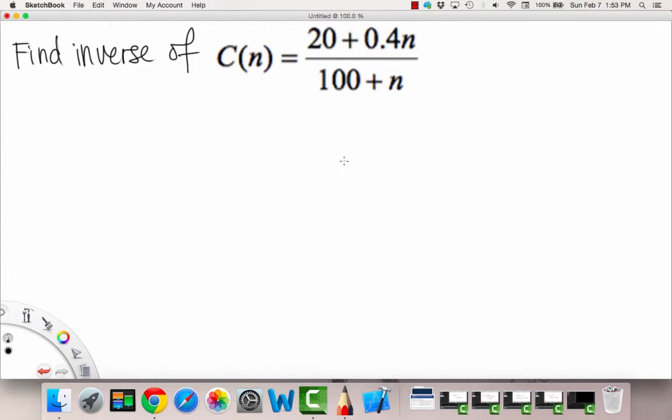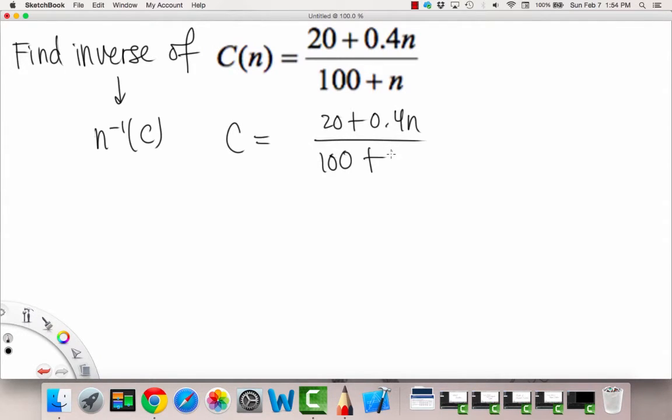Okay, so we're going to find the inverse of C of n is equal to 20 plus 0.4n over 100 plus n. The inverse will be denoted by n inverse of c. So basically what we want to do is solve for n and get n by itself. If we write it out as c is equal to 20 plus 0.4n over 100 plus n, what we can do first is multiply both sides by 100 plus n to get it out of the denominator.